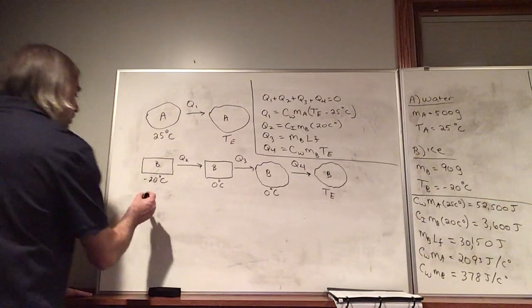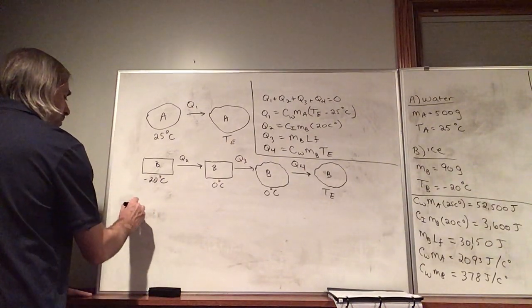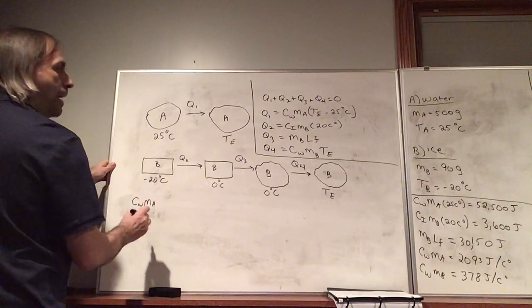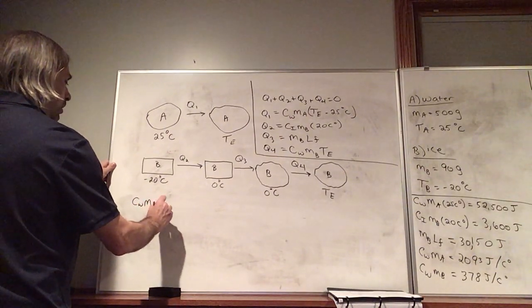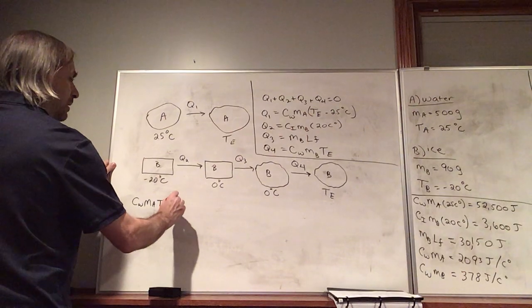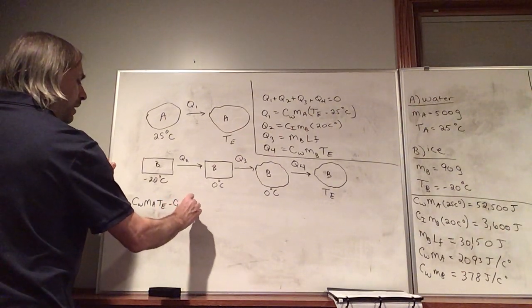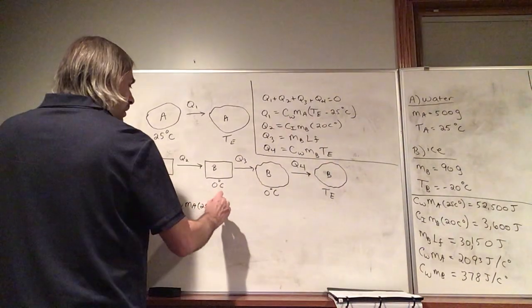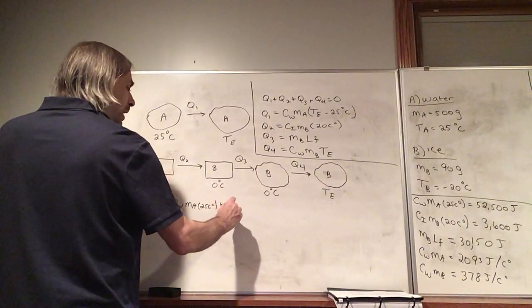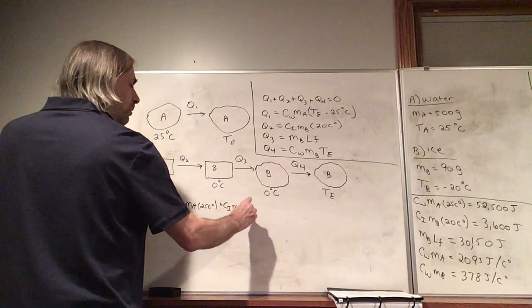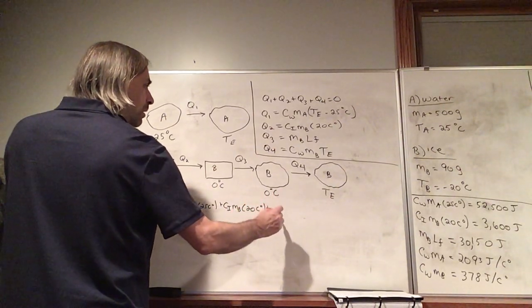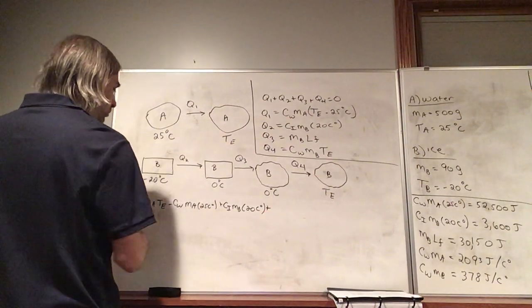So Q1, we have CW. I'm going to have to distribute this. MA times TE minus CW MA times 25 Celsius degrees plus CIMB times 20 Celsius degrees. You know what?